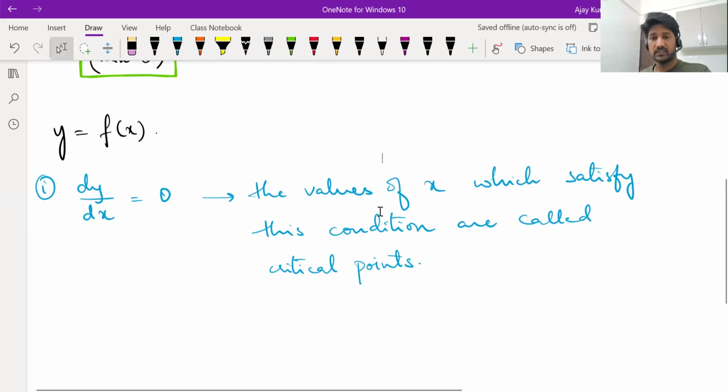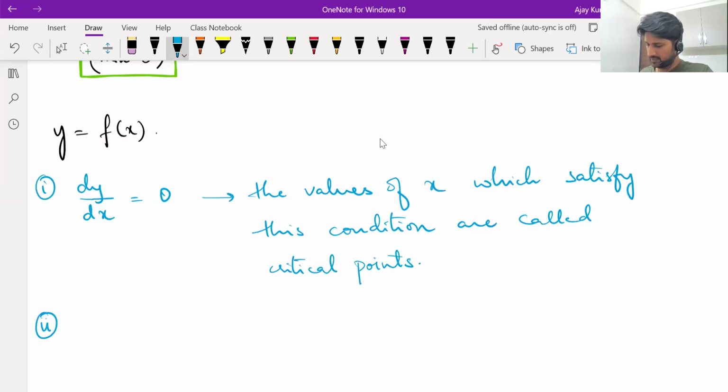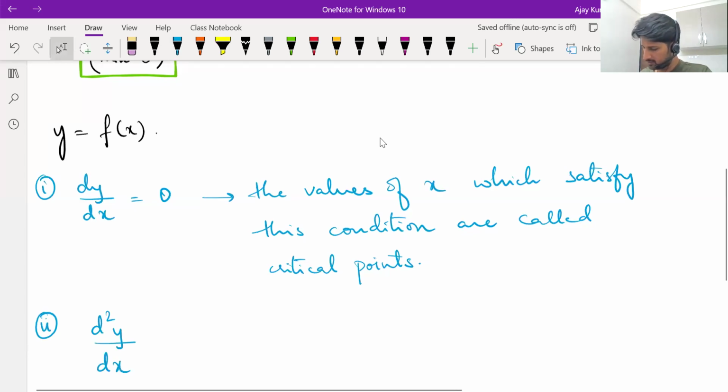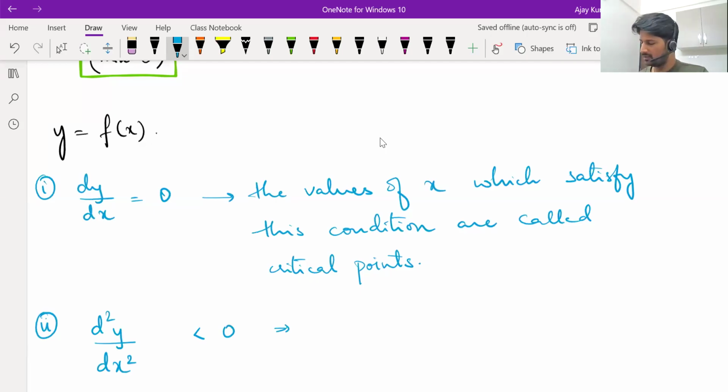Okay. What is the next thing to do? How to confirm whether a particular critical value corresponds to a maximum or a minimum? So we get the second derivative of y. Correct. You differentiate the function once again, d square y by dx square, and if second derivative is negative, then that critical value corresponds to a maximum.